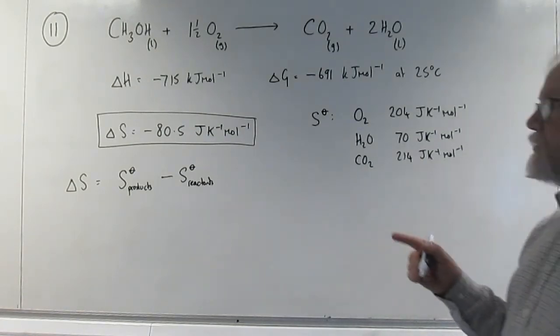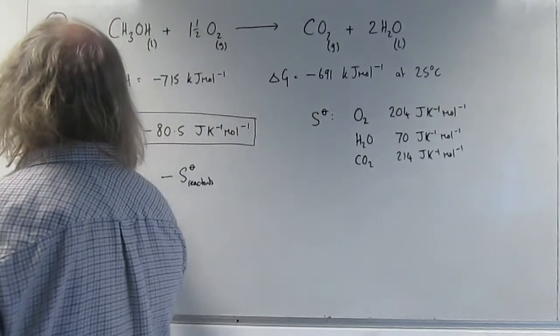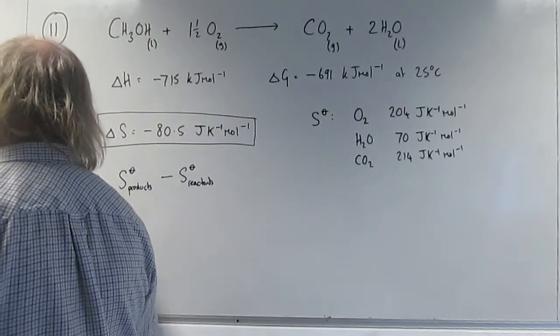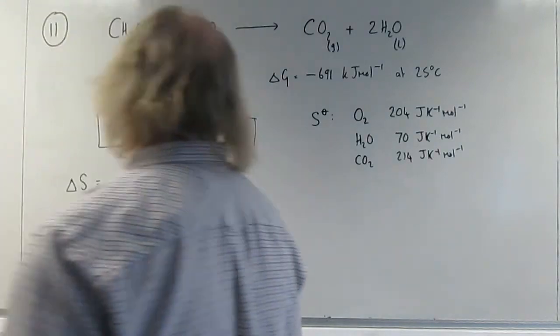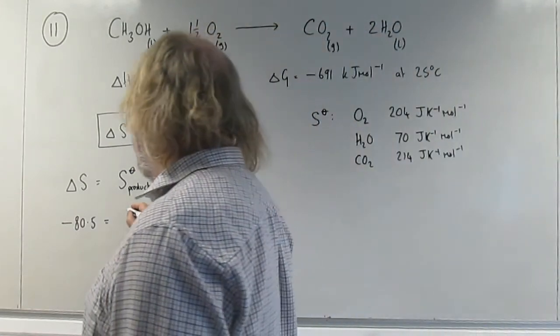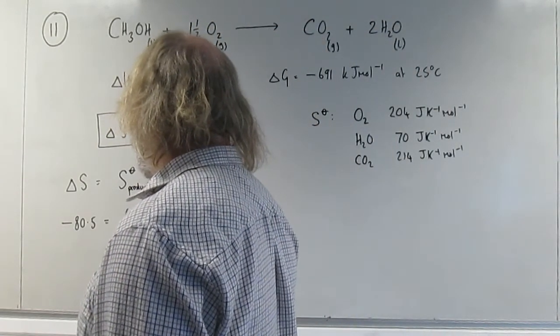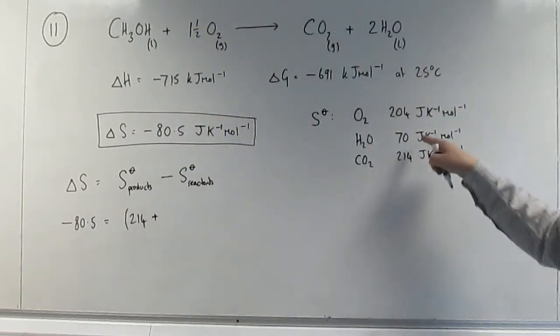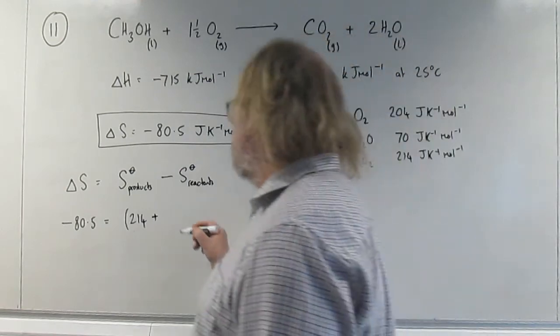So we can substitute numbers into that. So delta S is minus 80.5 is equal to, so S naught of the product, we've got 1 mole of CO2, so that's 214. And we've got 2 moles of H2O, so that's 2 times 70.